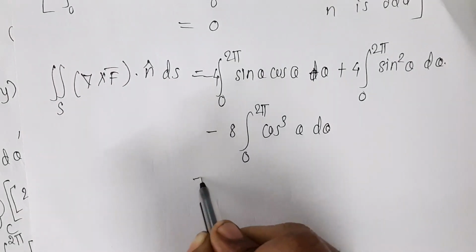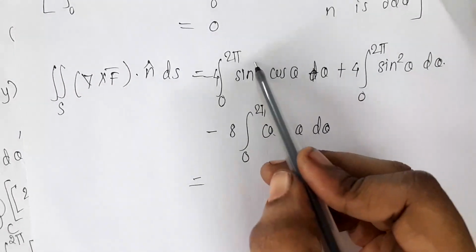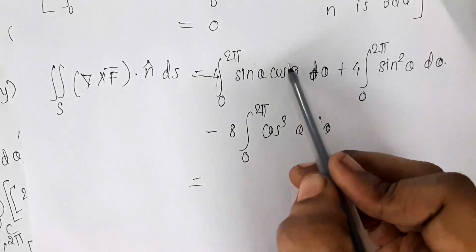The same conversion formula applies for integration 0 to 2 pi of sin theta cos theta. Here the sin power is odd, and the cos power is also odd.